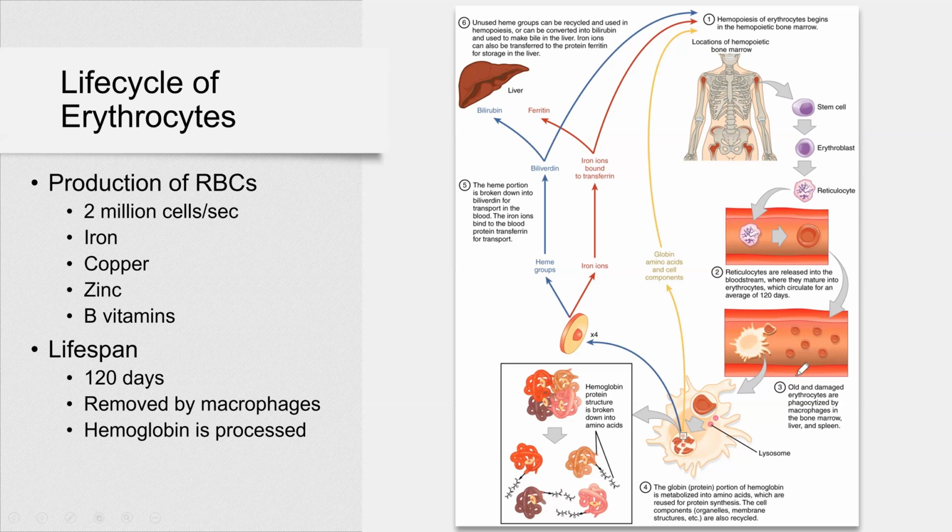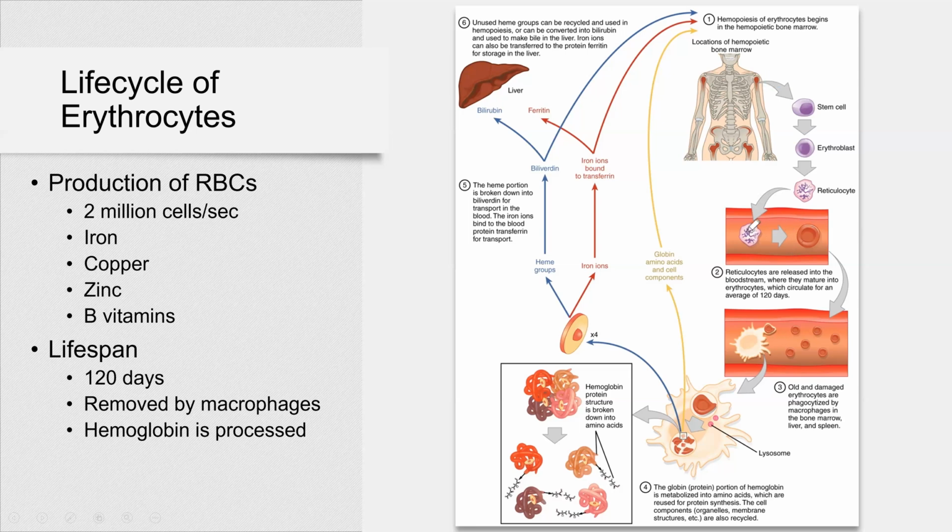Now, after these 4 months, red blood cells become old and damaged, and they are phagocytized by macrophages in the bone marrow, liver, and spleen, right? So you form erythrocytes in your bone marrow.